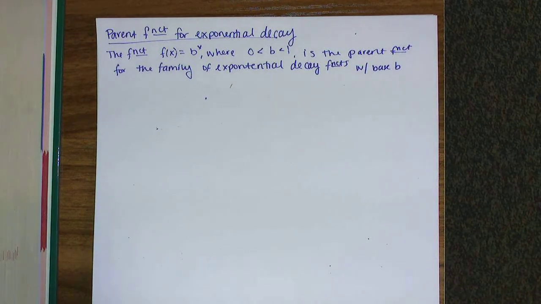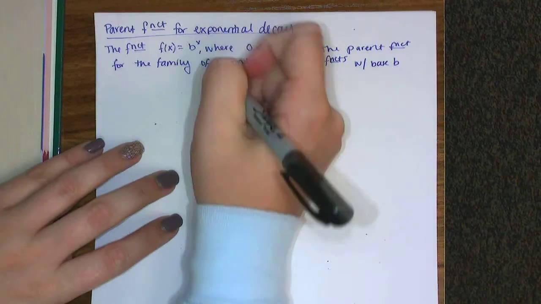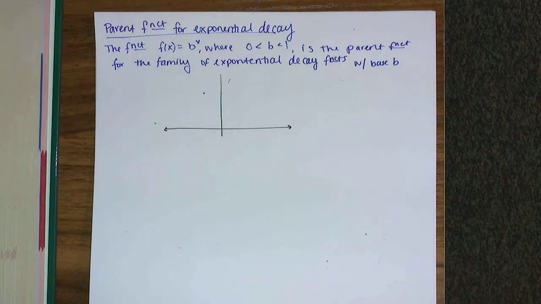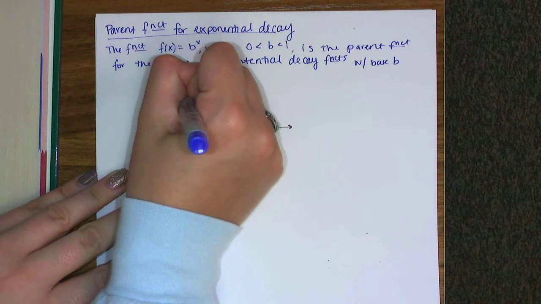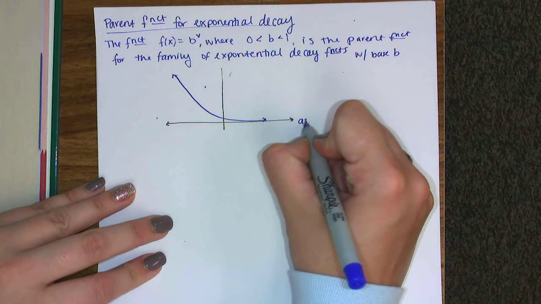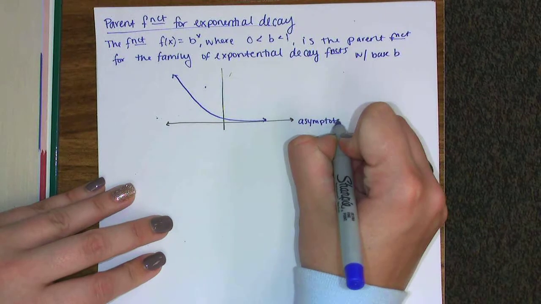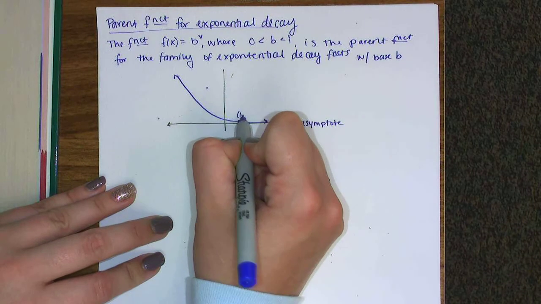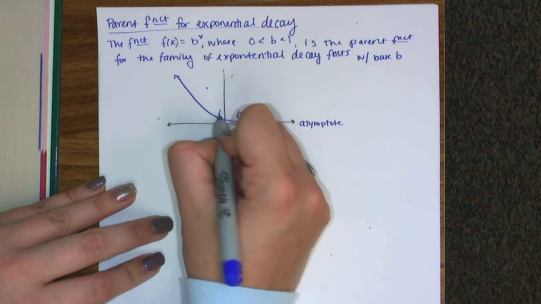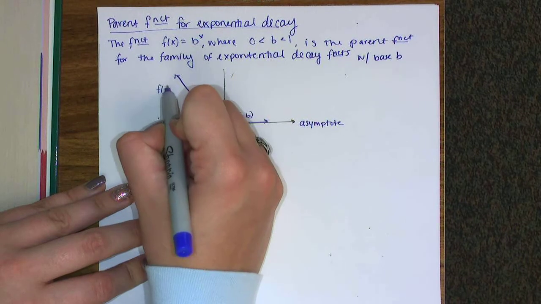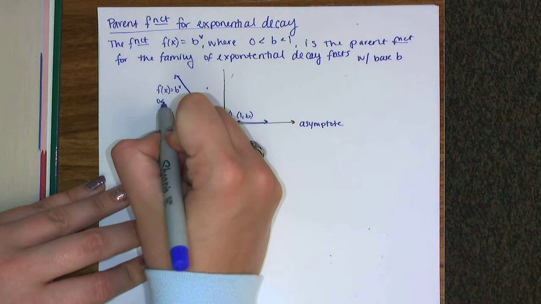The graph is just flipped, so we have 1 over b here, right here is still (0, 1), and this is still f of x is equal to b to the x, but 0 is less than b less than 1 is the stipulation that we're putting on that one. Okay, and same domain and range. Domain, all real numbers. Range, y is greater than 0. So really no different in that realm, just more of an informational thing for you.